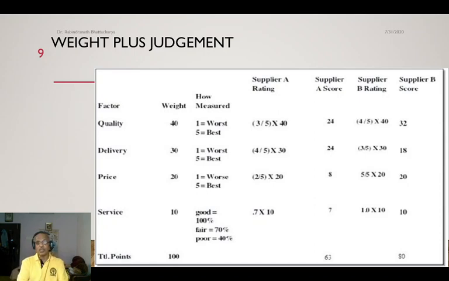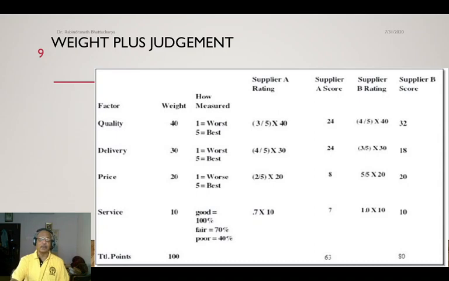Now during the 80s, people started developing the analytical hierarchy process. It got its impetus, or people started adopting it more, during the 90s.